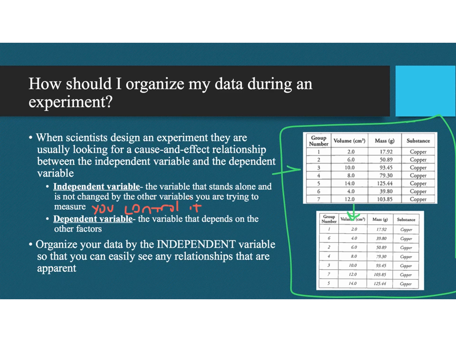If you take a look at the top, you can't really tell that mass is going to increase with volume because it's kind of all over the place. So this bottom one here is better organized. So organize your data by the independent variable.